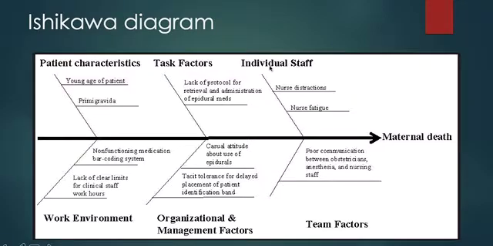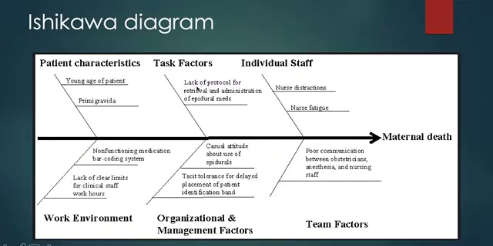Notice that the categories are not causal factors. So these categories up here and down here are not causal factors. Here's the problem, here are the categories, and here on each of these lines is a causal factor. So nurse distractions and nurse fatigue. This is under the category of individual staff. These might be causal factors that lead to maternal death.